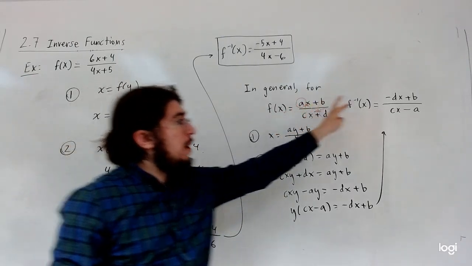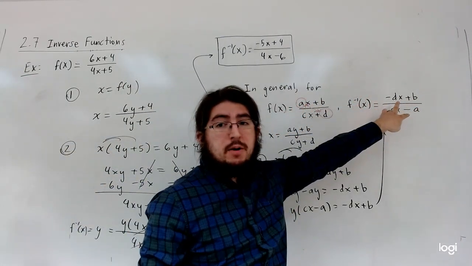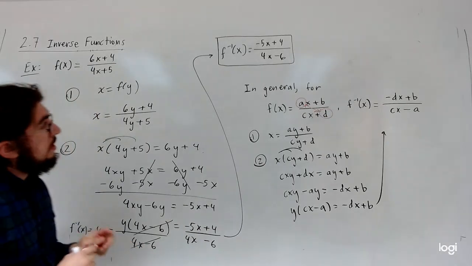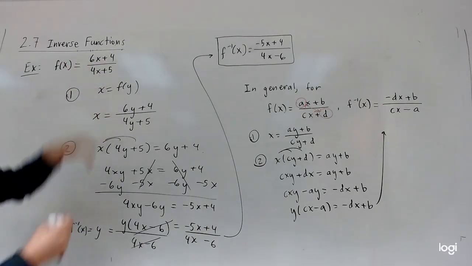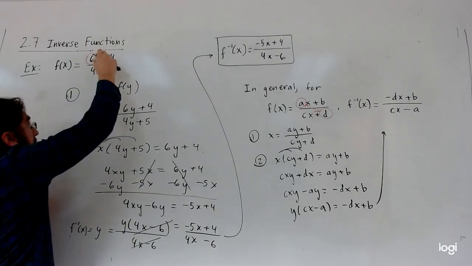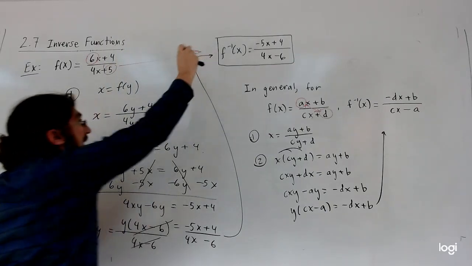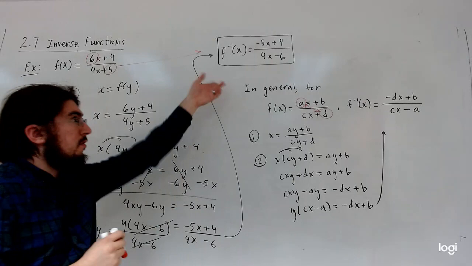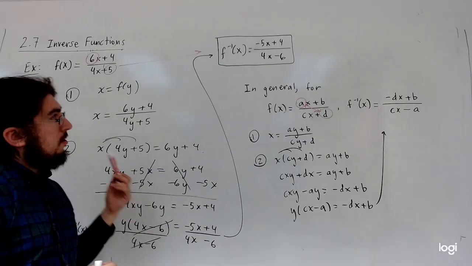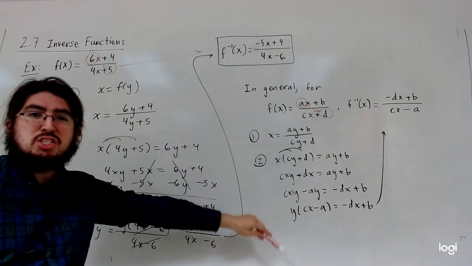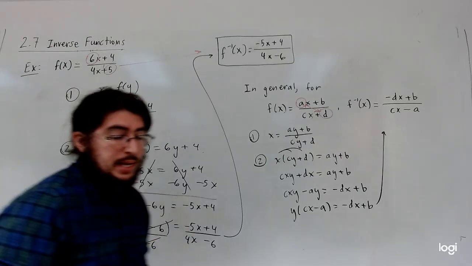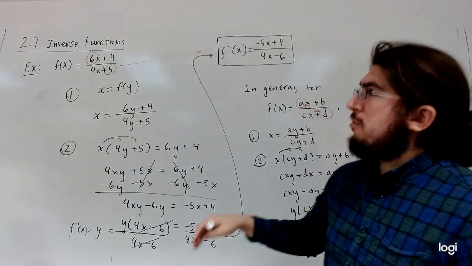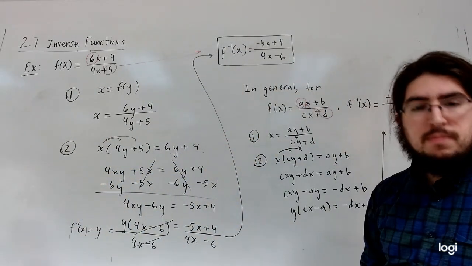If you negate them and swap them, they're in opposite locations now, and they're both negative. So take a look at this. If we look at 6 and 5 and do our negate-swap trick, we get exactly that: negative 5x plus 4 over 4x minus 6. So there's no work to do. We can just generalize it, and it creates a really quick shortcut. Of course, only for these types of functions.